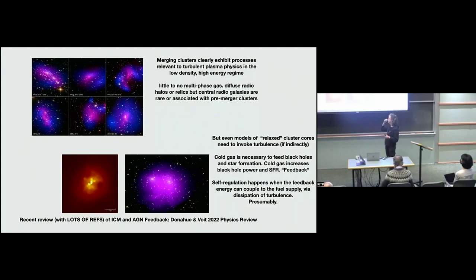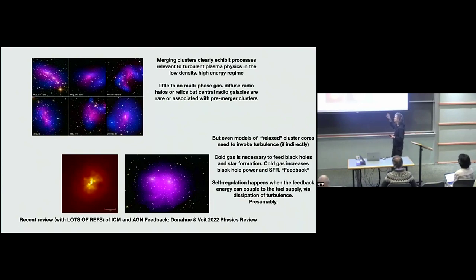The kinetic energy that's being dumped into the X-ray emitting plasma is enough to compensate for the cooling of the plasma. But if you go to lower mass systems with similarly strong radio sources, that radio source energy more than compensates for the cooling luminosity.